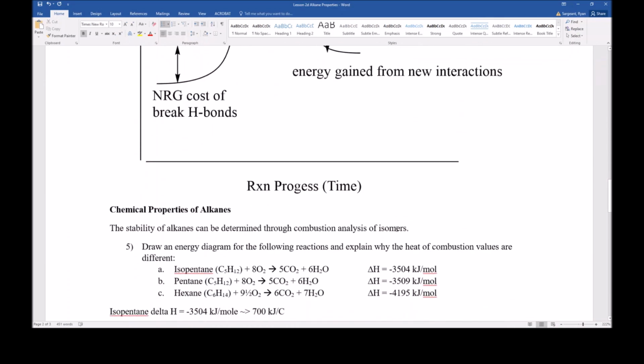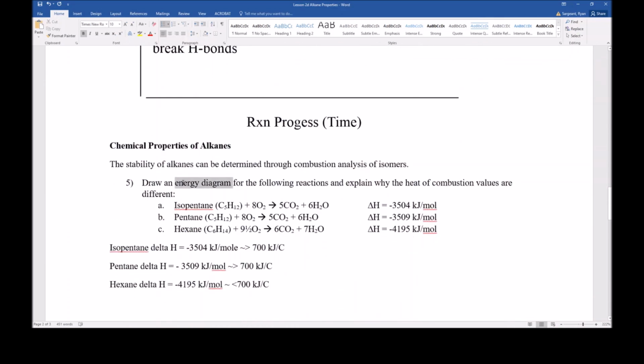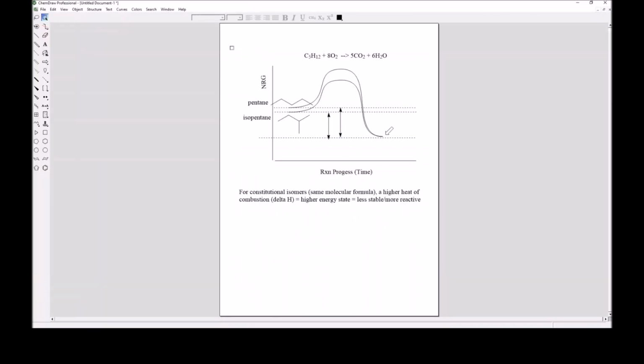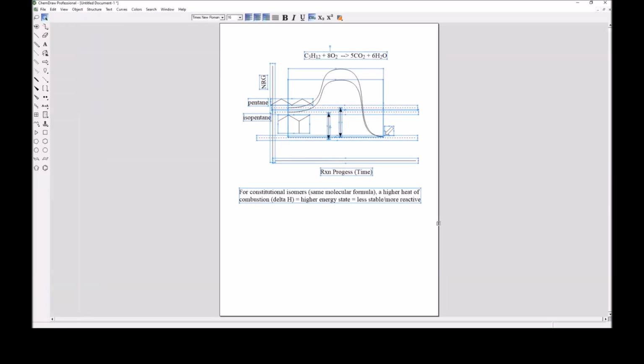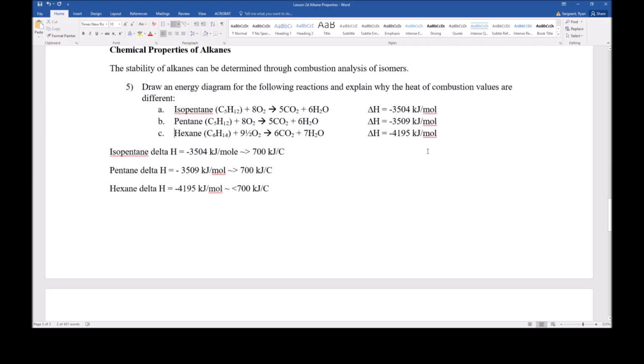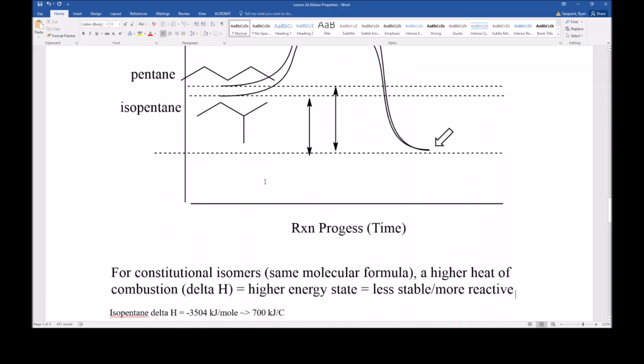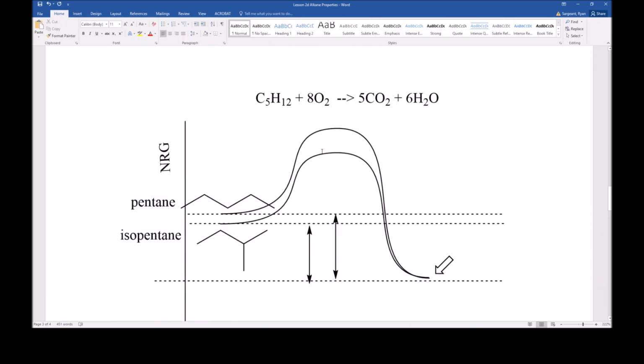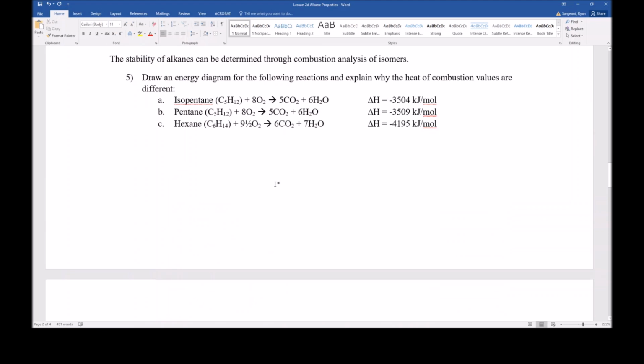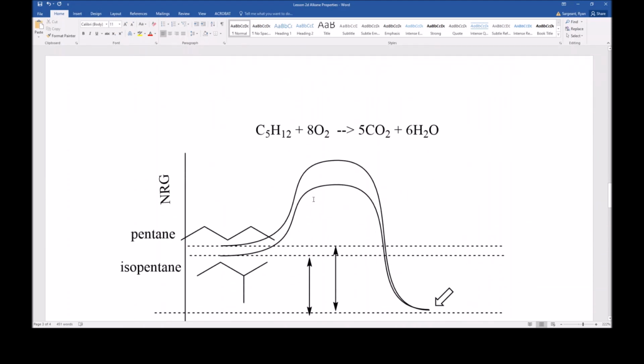I just remembered that I didn't incorporate the energy diagrams for the following reactions, and so we'll need to copy and paste this diagram right here for pentane and isopentane, and we'll kind of drop that down here. And then on the same diagram, if I want to also incorporate hexane, it's not a good idea to put it on the same diagram.